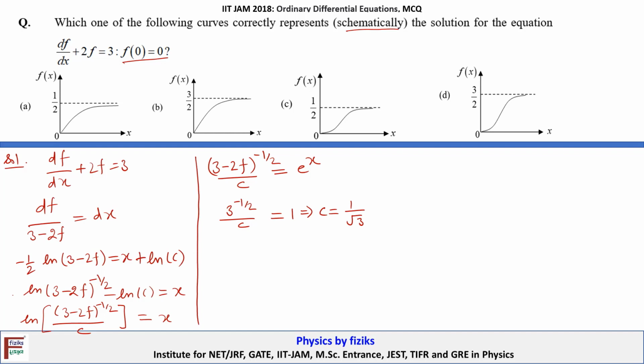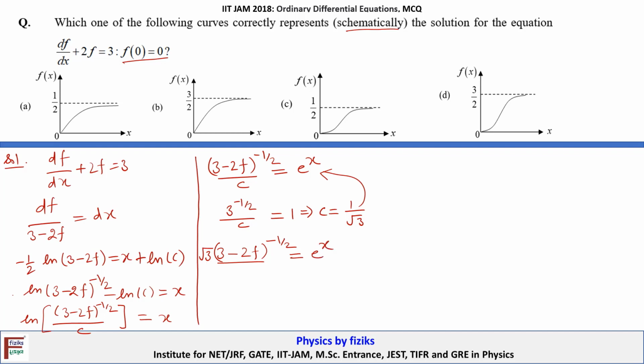Now again substituting the value of c in the above equation, we get (3 minus 2 times f) to the power minus 1 by 2 divided by 1 by square root of 3, which becomes square root of 3 here, equal to e to the power x.